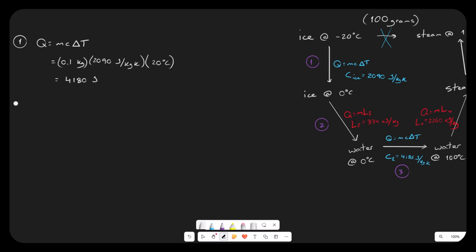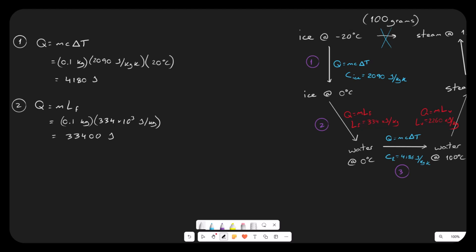That's that first part. For step 2, I need to melt this ice. So I'm going to have Q equals m times latent heat of fusion. And these are tricky with the latent heats because they're often listed in kilojoules. So I just want to be careful about that. 334 times 10 to the third joules per kilogram. So I get 334 times 10 to the second, which is 33400 joules.